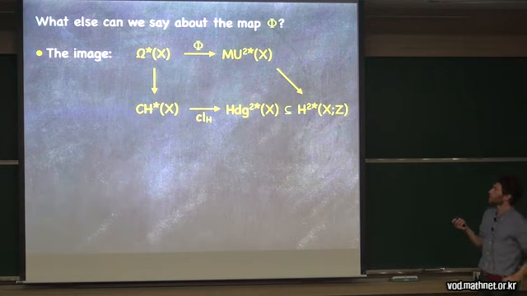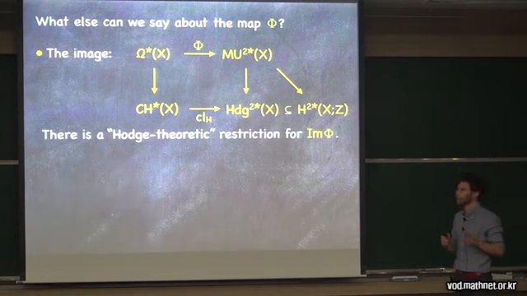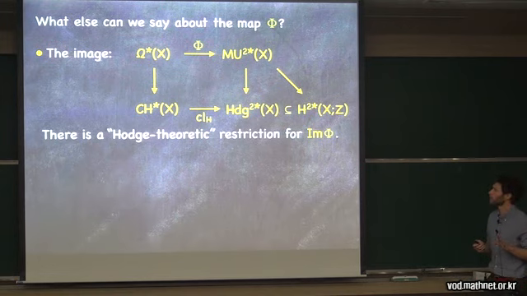So if we go this way and land in the subgroup of Hodge classes in cohomology, then if we go that way, we also have to land in this one. So the image of phi must lie in the subgroup of elements that actually map to Hodge classes. In some sense, that tells us there's some Hodge theoretic restriction for the image of phi. And we will try to find out a little bit more about that in a minute.